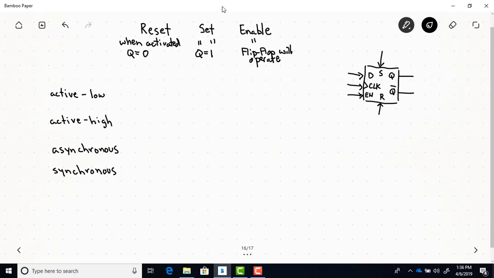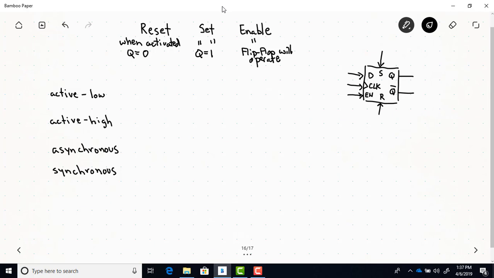It's not going to operate. Its outputs would just remain what they previously were, and none of the inputs would have any effect. So in order for anything to happen, the enable has to be activated. For any of these other inputs, the D input, the set, or the reset, to matter, the enable has to be activated first.